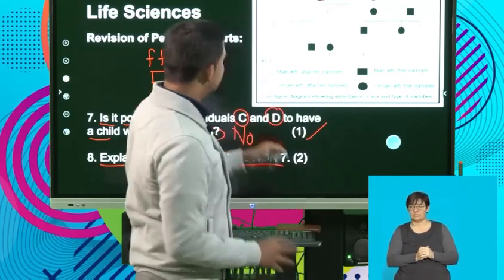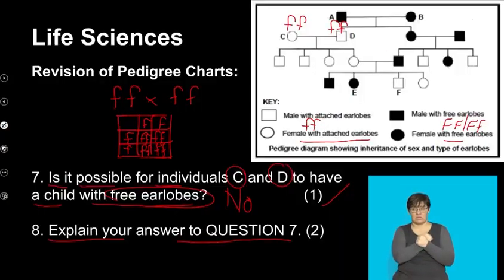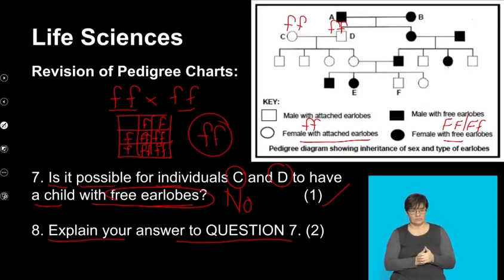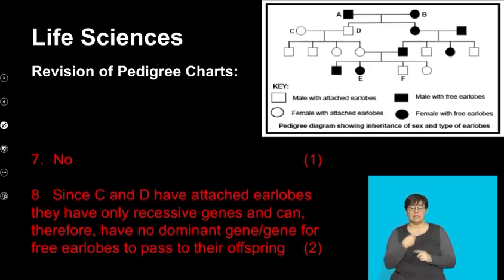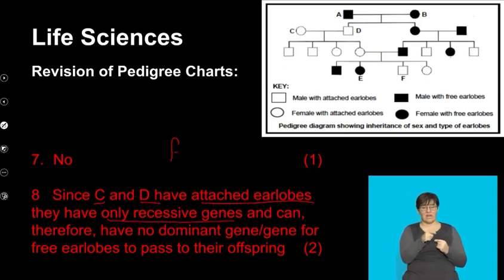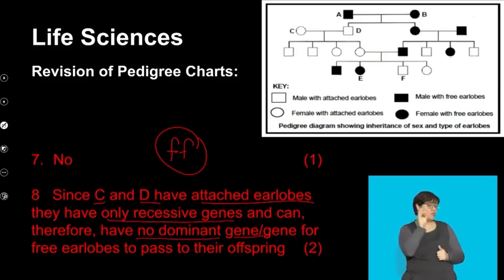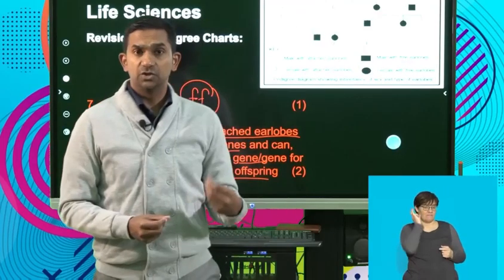And so in this case, when these parents are crossed, there is no other allele but the recessive alleles that can be inherited. And so essentially we would say that since C and D have attached earlobes, they have only the recessive genes, and can therefore have no dominant gene or genes for free earlobes to be passed on to their offspring. So it's literally impossible for that to happen.